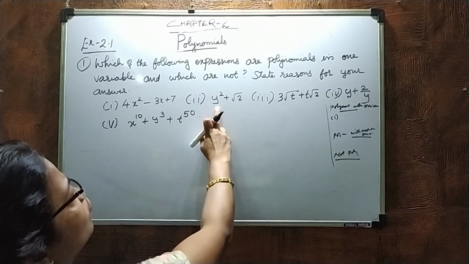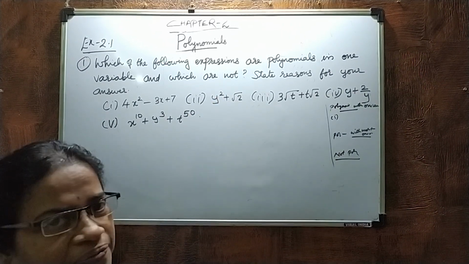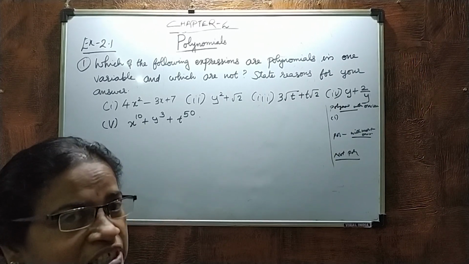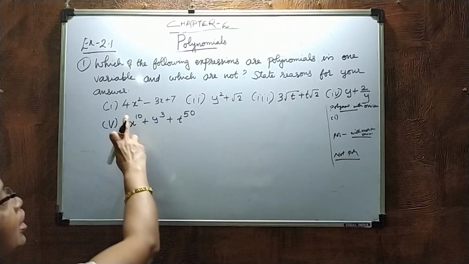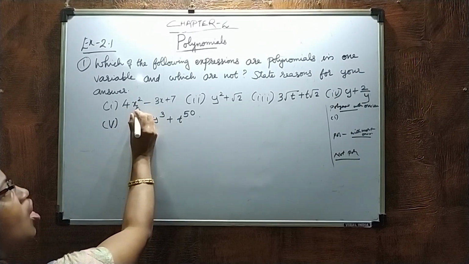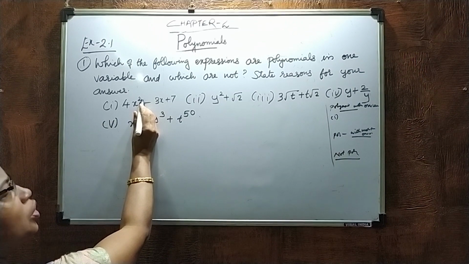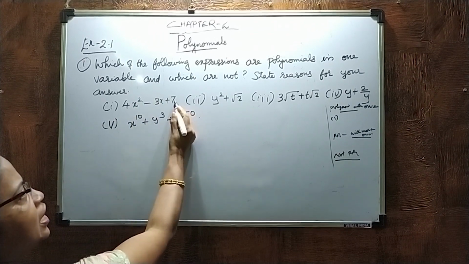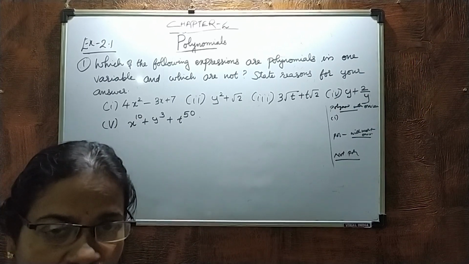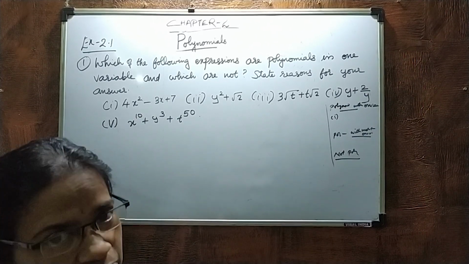Second, just look, y square and root 2 are there. If it is a polynomial, that also you have to check. For the first one, is it a polynomial? Yes, the exponents of the variable: here 2, here 1, here x raised to 0. Only whole numbers are there. So it is a polynomial with one variable.